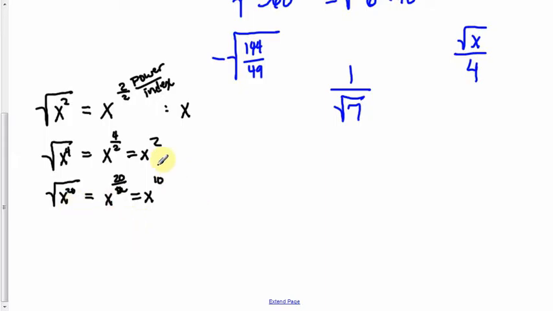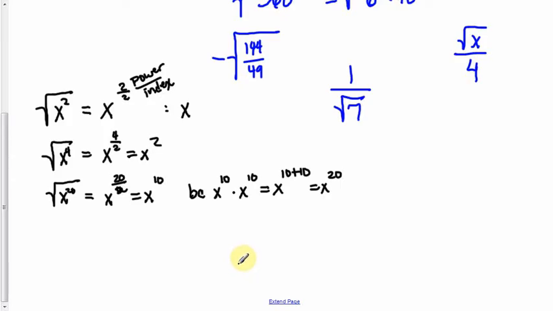I'm just going to focus on this one. It works for all of them. Because x to the 10th times x to the 10th is x to the 10 plus 10, which is x to the what? 20th. So this is your justification for why the square root of x to the 20th is x to the 10th.